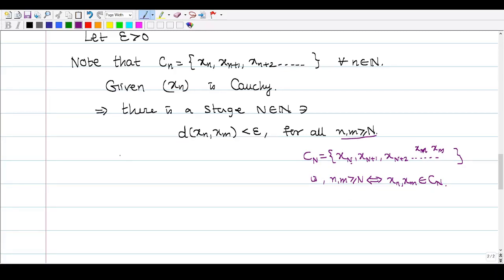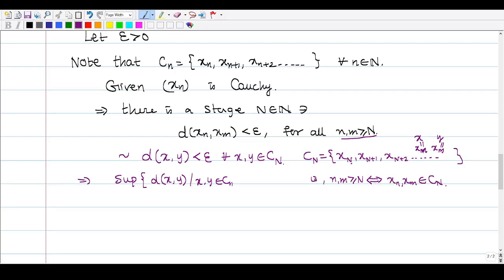அப்போ I can write this equivalently, I can write distance between x comma y which is less than epsilon for every x comma y belongs to Cn. கரெக்டா? x comma y belongs to Cn. இதுல ஏதாவது டவுட் இருக்கா? இதுல நீங்க எந்த எலிமெண்ட் ரெண்டு எலிமெண்ட் x, y ன்னு எடுத்தீங்கன்னா x is of the form xn, y is of the form xm ன்னு தான் இருக்கும். அதை தான் நான் எழுதிட்டேன். இதுவும் ஒரே ஸ்டேட்மெண்ட். அப்போ taking supremum over this implies that supremum of distance between x comma y such that x comma y belongs to Cn, C capital N, okay, this is less than epsilon.